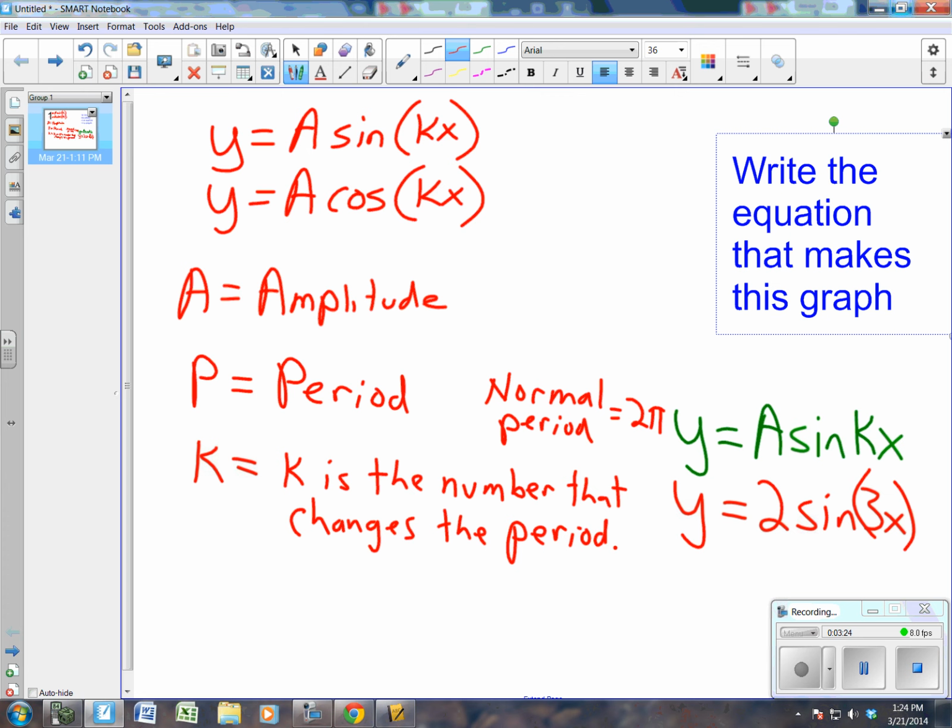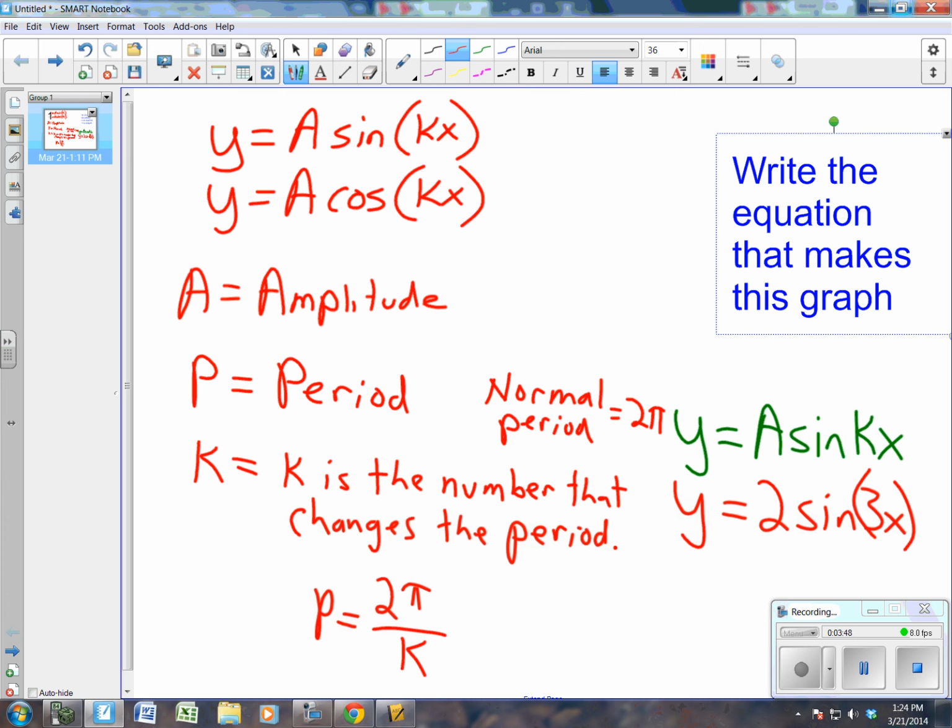Now, if you remember right, the other day, we learned a formula for period. What was that formula? Yeah, 2 pi over k. 2 pi over k is how you figure out the period.